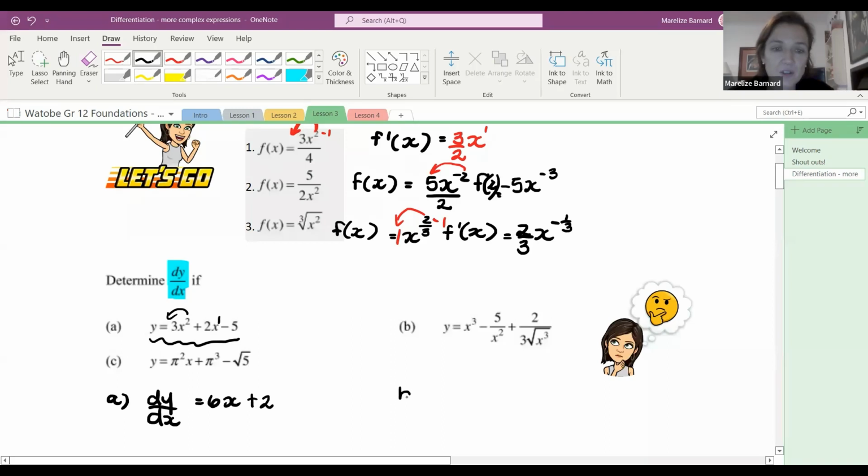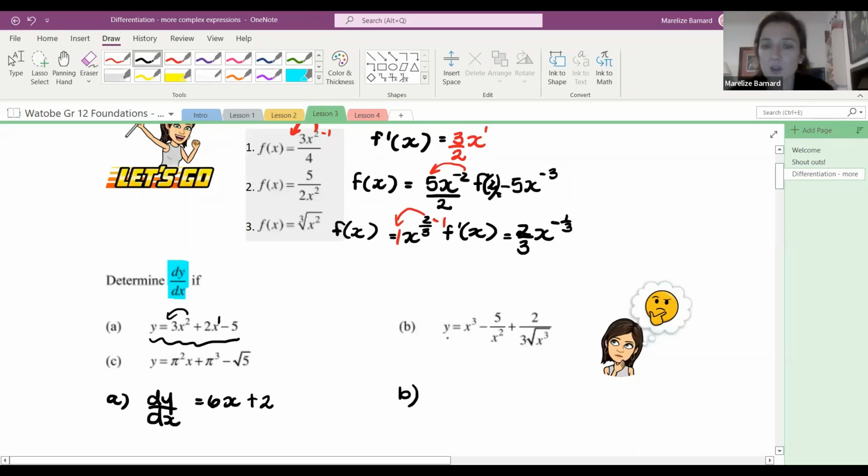Now, before I start question B, I'm going to give you a chance to think about this on your own quickly for 2 minutes till 20 past 5. And if you're ready to differentiate it and give it a go, you're most welcome to.